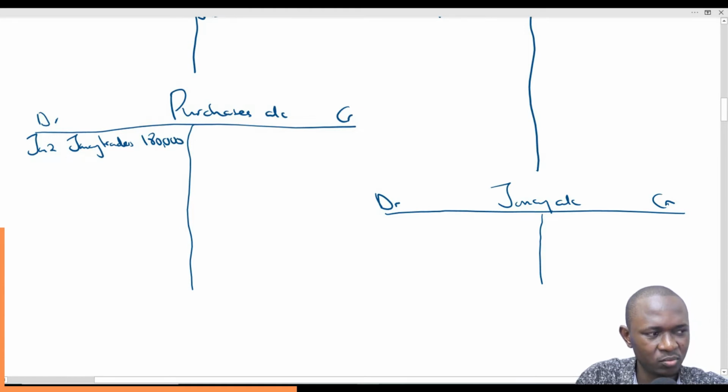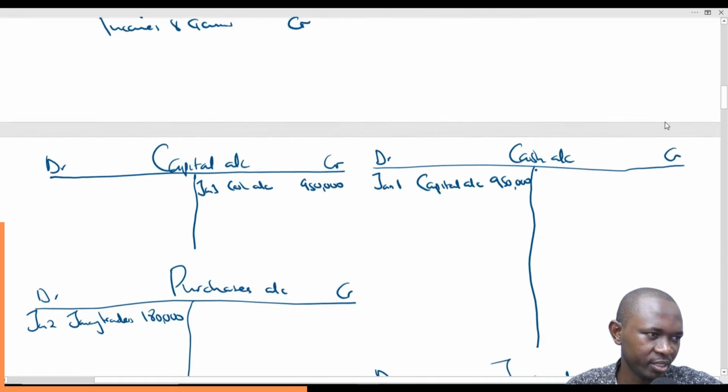So we always put the date, then the particulars, and then the amount. Then on this side under John C. Traders, we'll also have January 2nd, because John C. is a creditor, and a creditor is a liability. So we come here and say purchases, 180,000. So you can see we have debit and credit.